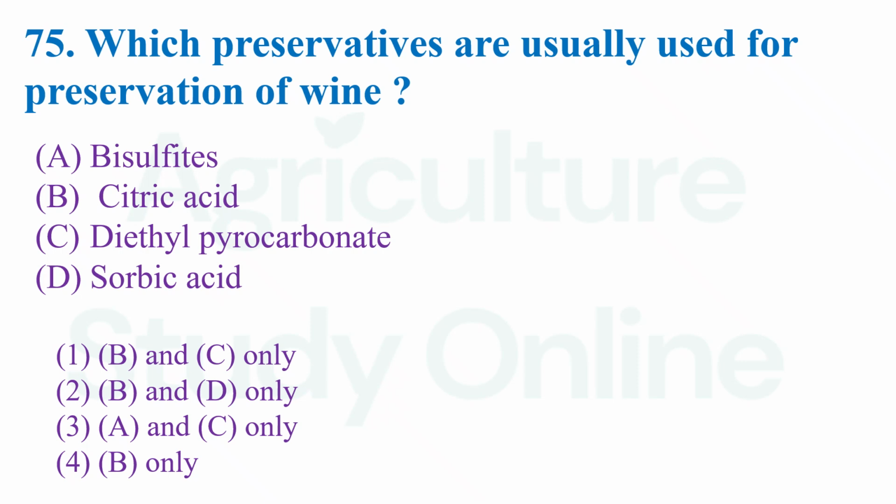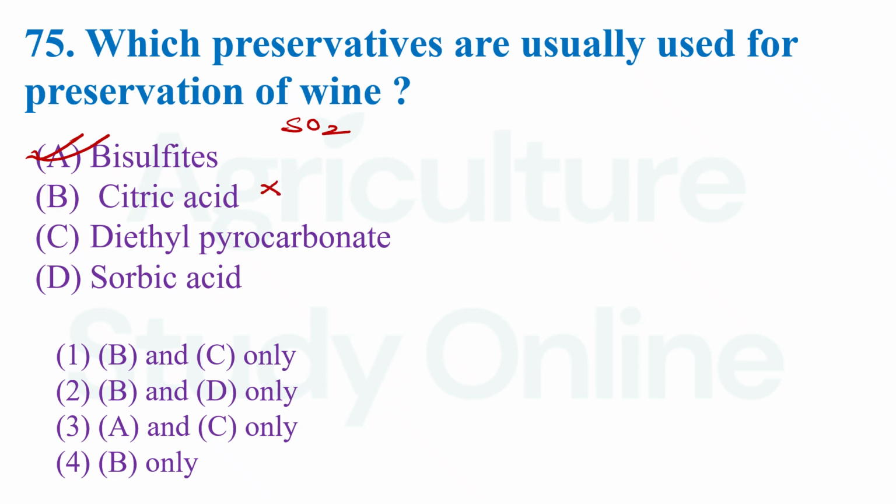Question 75. Which preservatives are usually used for the preservation of wines? First one, bisulfites. So this is correct. Basically, it is used in wine as a sulfur dioxide source, as well as having antimicrobial and antioxidant property. Citric acid is basically used for acidification or flavoring.